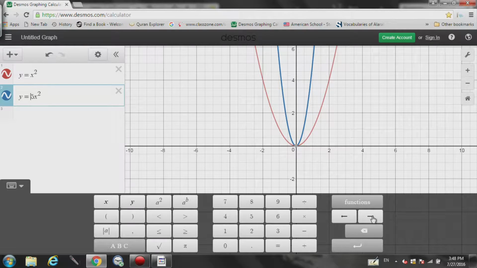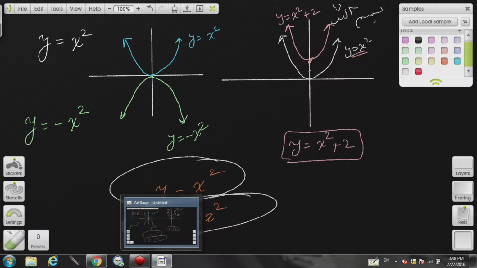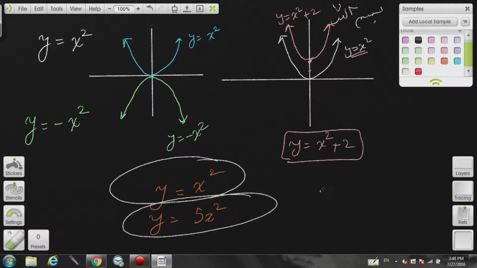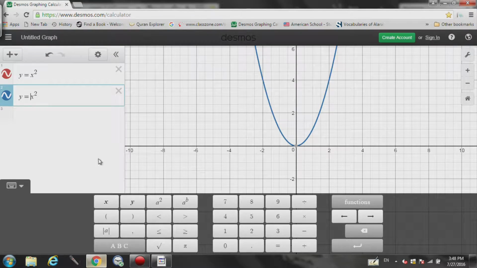Now, on the other hand, if I ask you the same question, would you rather be paid y equals x squared, or would you rather be paid 1/2 times x squared? Yeah, you'd rather be paid that. So what happens if I do 0.5, which is 1/2? Fatter, see?